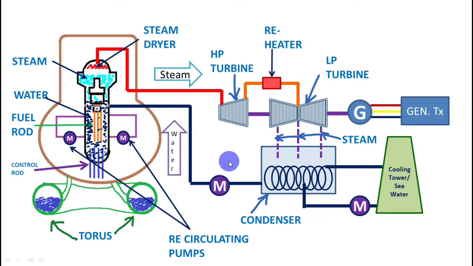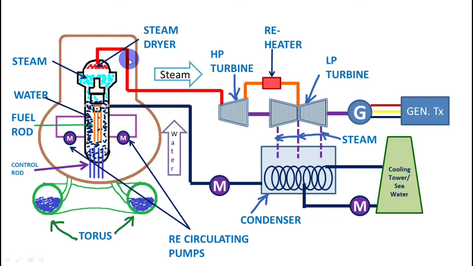I haven't shown one thing: the main feed water pump is also connected in this line. So this is how the nuclear boiling water reactor generates steam and electricity. Here you can see that since the steam and the water are directly in contact with the nuclear fuel, the steam is also radioactive in nature.